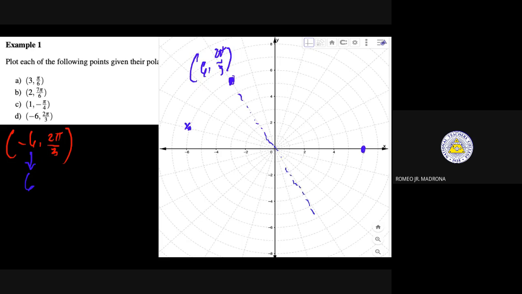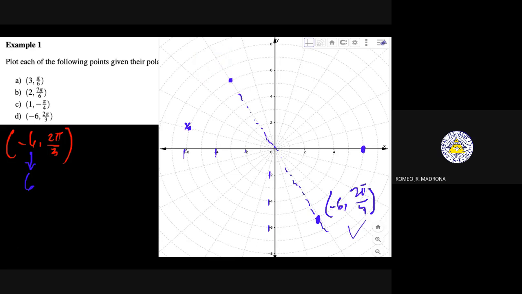Ayan, eto, tama siya, guys, di ba? And then, 6 yung radius niya. So, therefore, eto. Again, it's positive. Alright? Hindi ko lang na-edit sa GeoGebra. So, eto na yung negative 6, 2 pi over 3 natin. Okay? So, eto na yung pinaka-point natin.